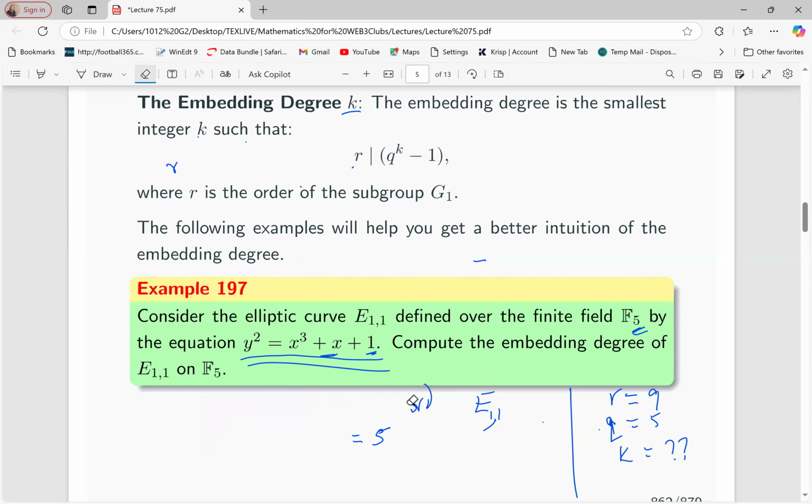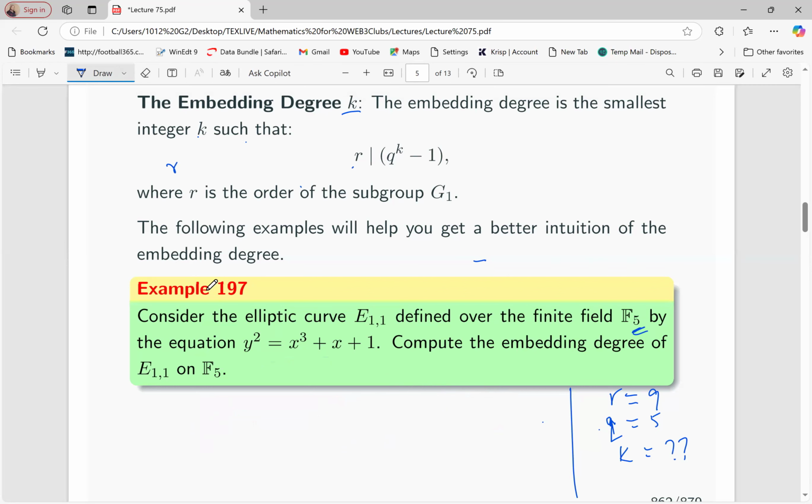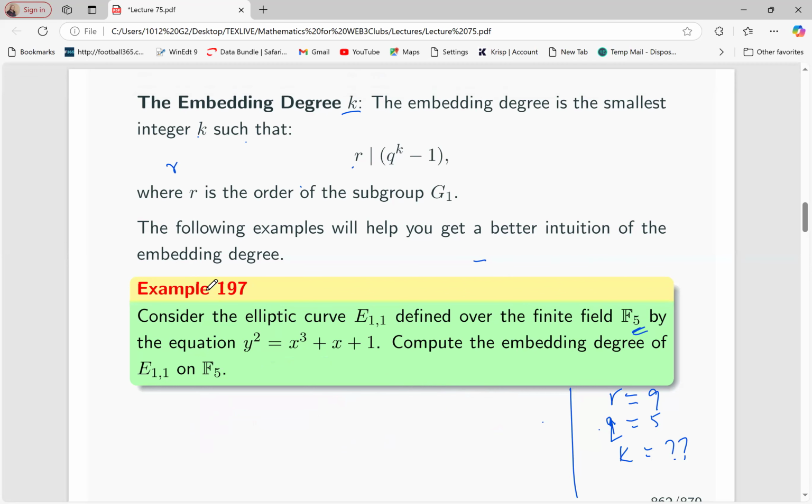So we use trial to find out which of the numbers. We are doing it mod 5, so we are trying all numbers mod 5, trying 1, 2, 3.